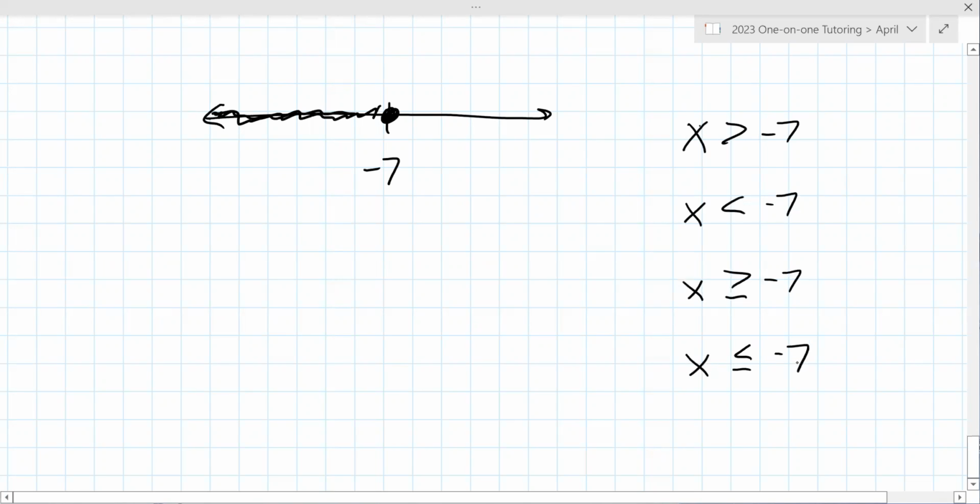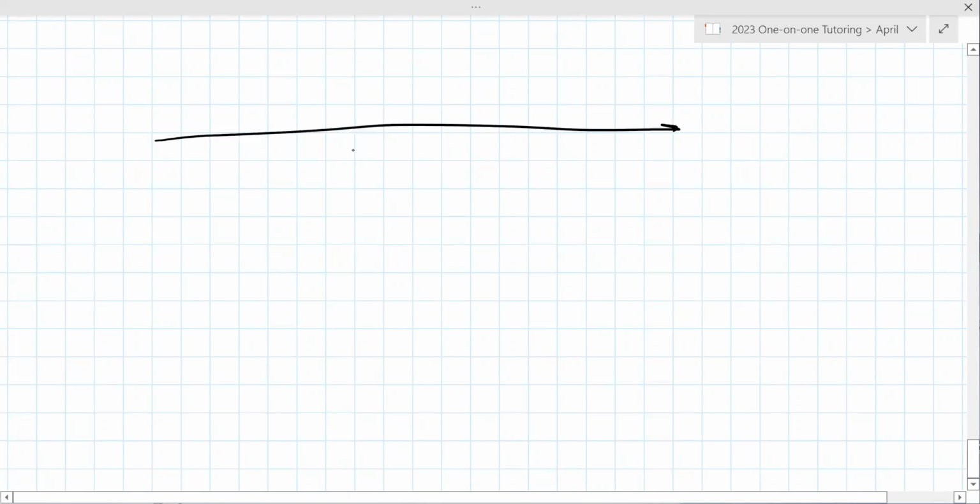Oh, I thought you wanted interval notation. Would it be D? It is D. Okay. Rather than me giving you the options here, I really need you to come up with this on your own. Okay, my bad.